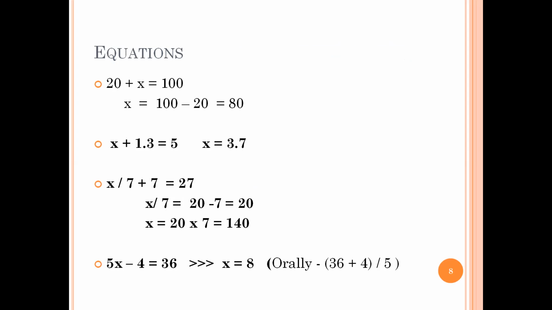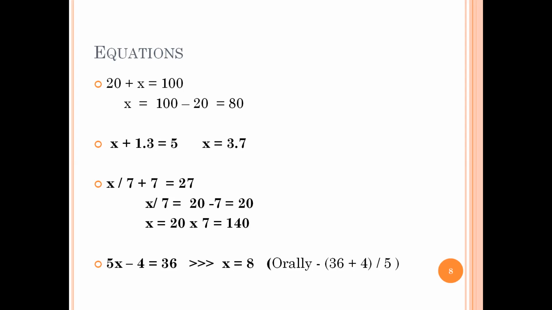So 1.3 moves, positive becomes negative. So 5 minus 1.3 is 3.7. x divided by 7 plus 7 equals 27. So 27 minus 7 is the first thing. So 20, divided by 7 means multiply by 7. So it becomes 140.